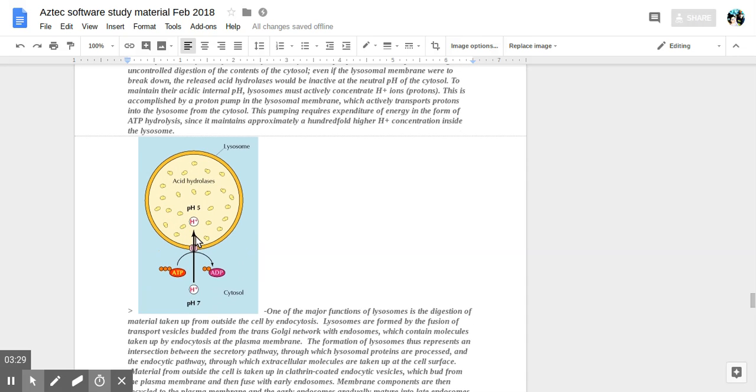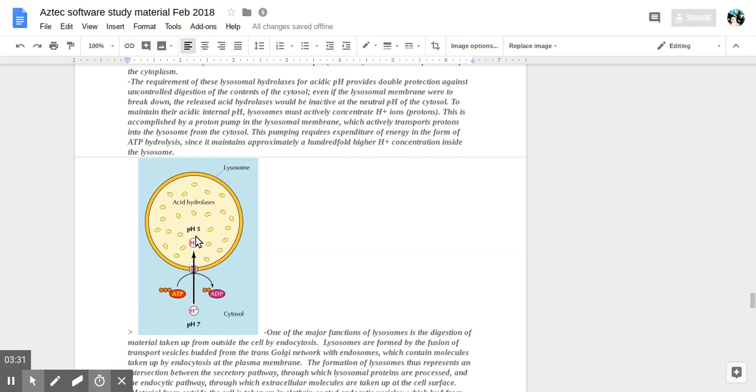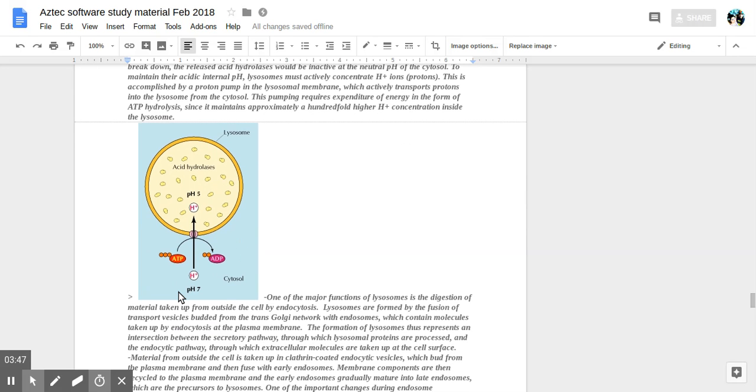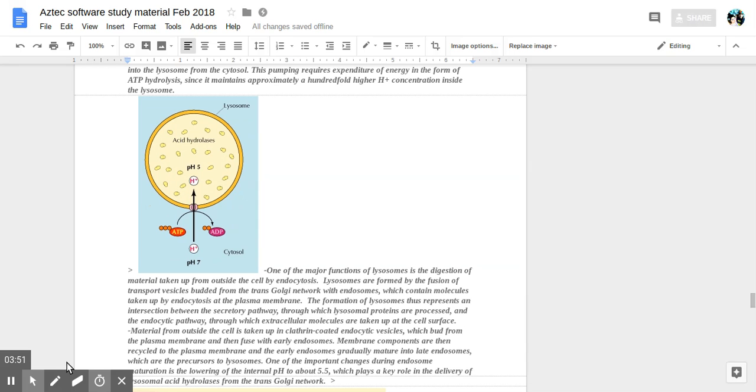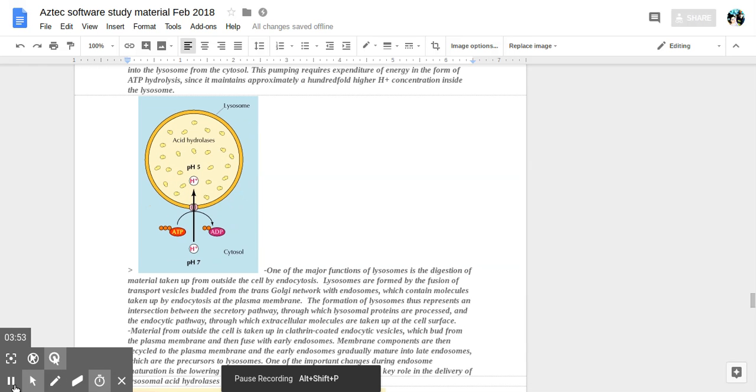These enzymes and the environment of low pH are maintained by a hydrogen pump shown here. So this is a lysosome. Hydrolases, the protein enzymes, are inside. This is a hydrogen pump, which uses ATP.